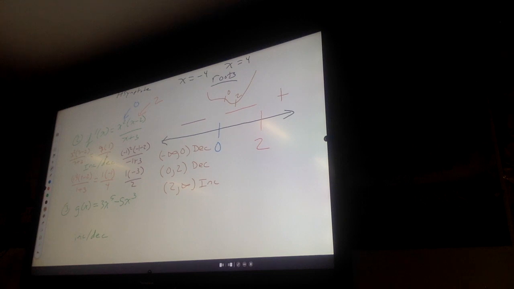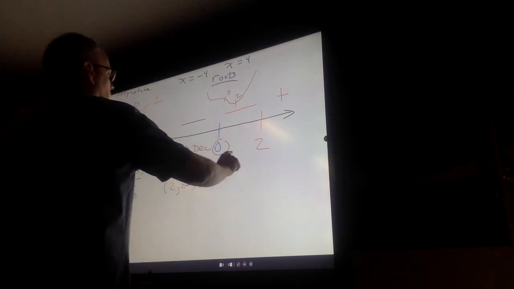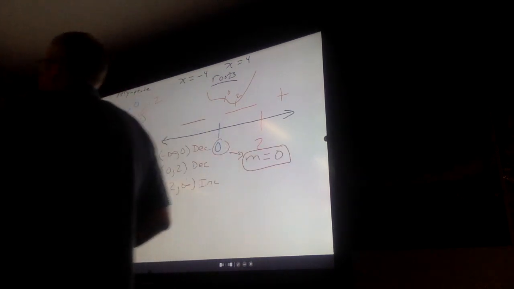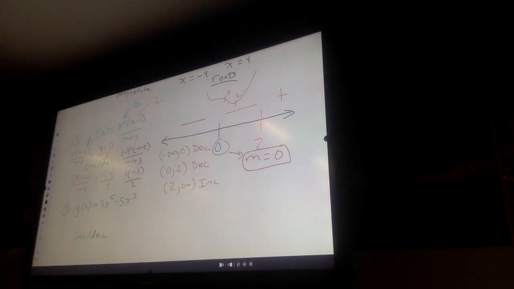So anytime you have the two important points, meaning the roots of the derivative, if it goes negative to negative or it goes positive to positive, something called a point of inflection took place. So right exactly at 0, the slope is equal to 0. It's a horizontal line. Okay?